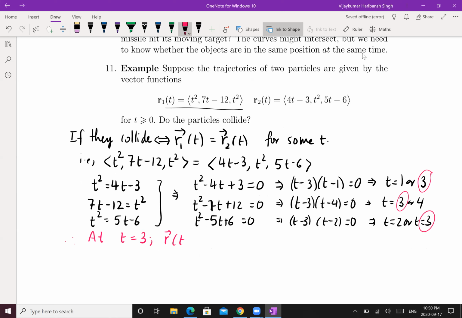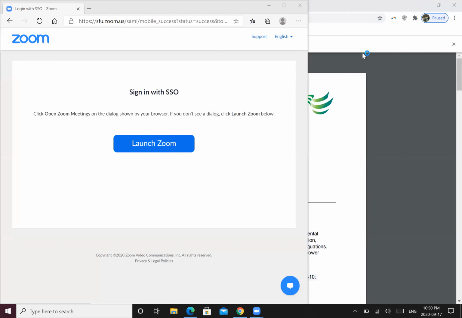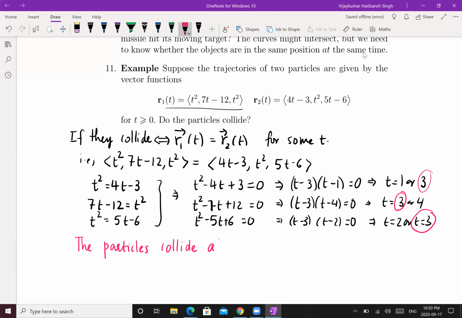So therefore, at t equals 3, r1(t) is equal to r2(t). At t equals 3, the particles will be at exactly the same point. While you don't need to find out what it is, let me just write it down. r1(3) is 9, 21 minus 12, which is 9, so 9, 9, 9.